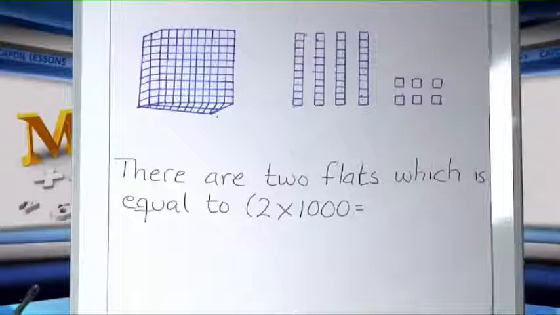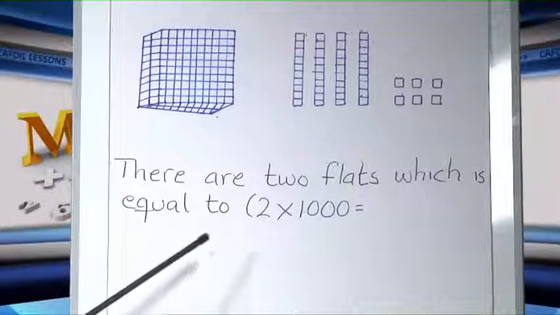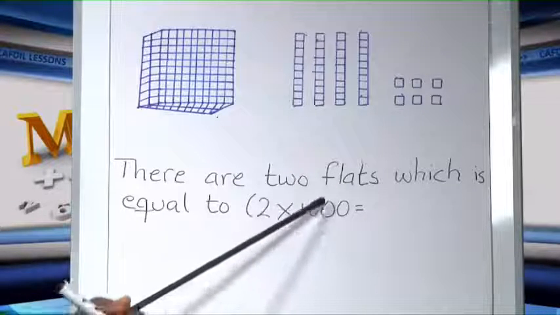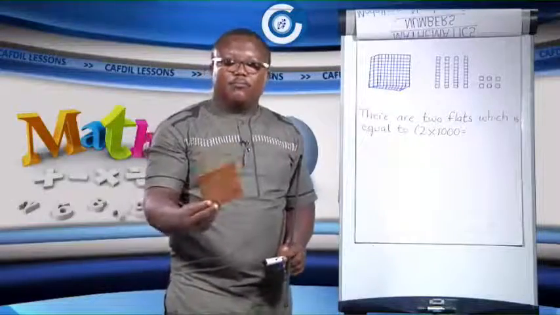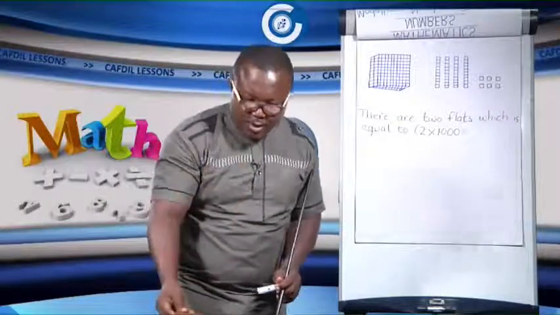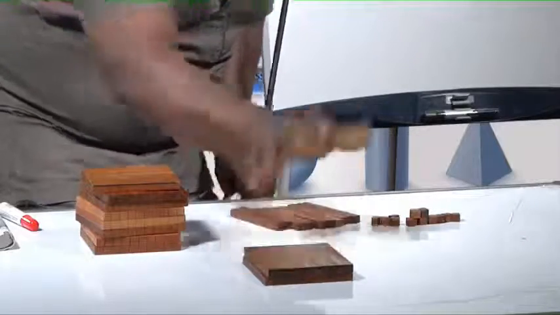And remember we said 1 flat represents 1000. So if I'm having these 2 of them, it's going to be 2 times 1000. This is 1000. I place another 1000 on it.